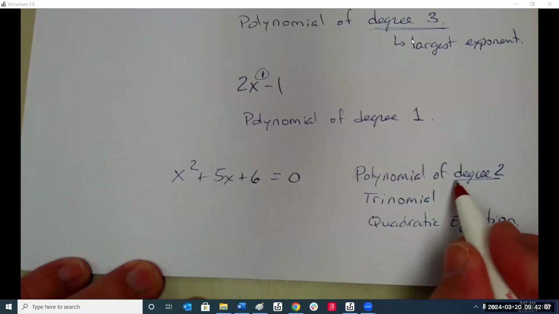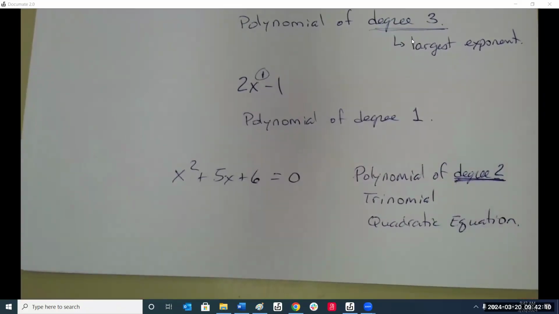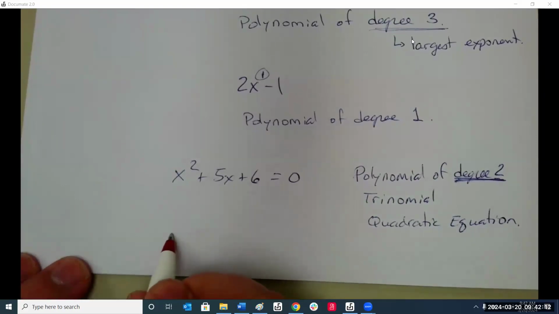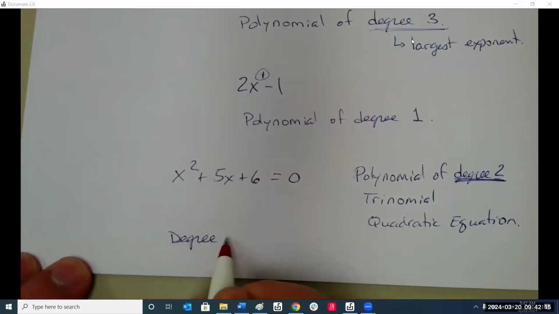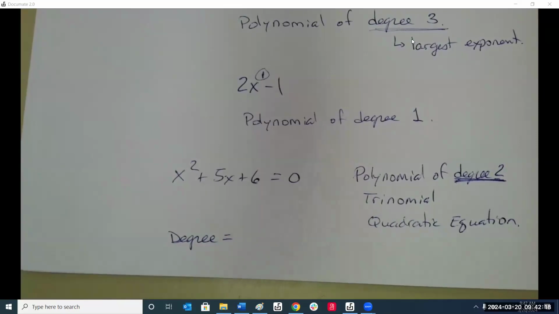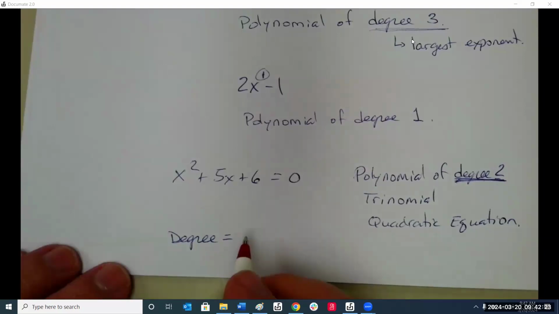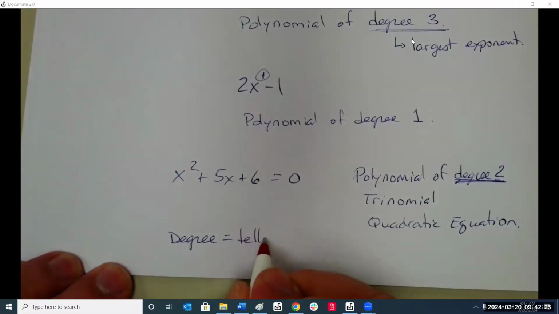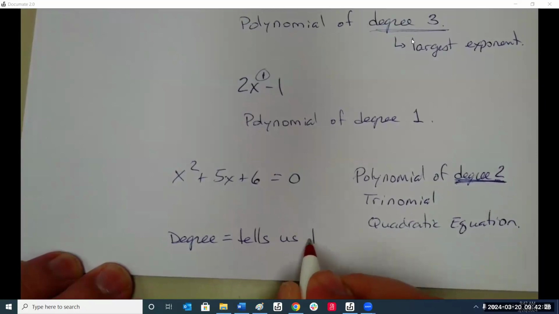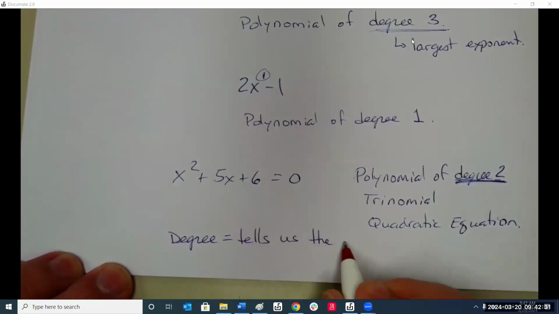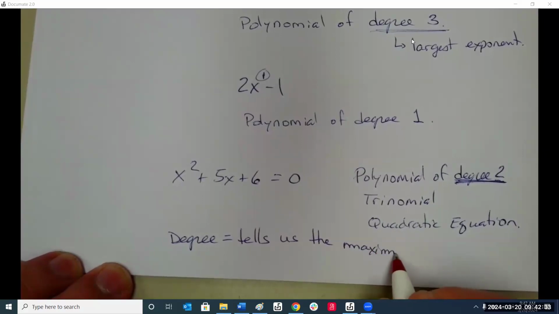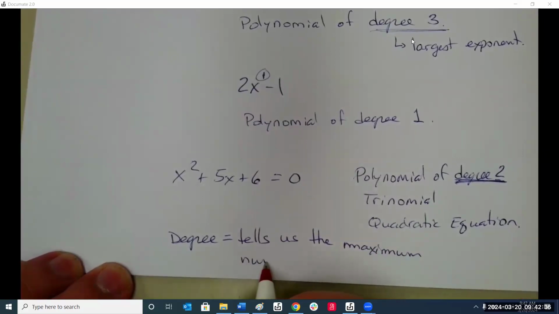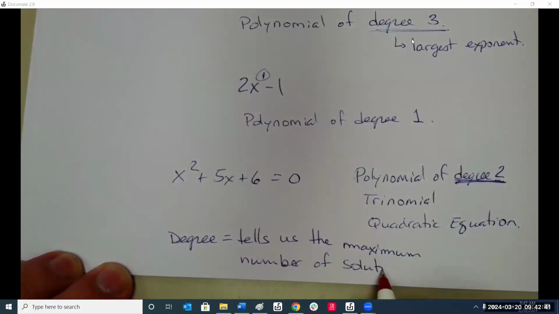So what good is it knowing the degree? What does the degree tell us? It tells us the maximum number of solutions possible.